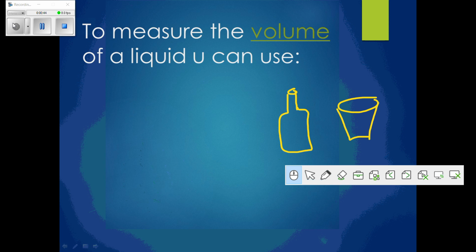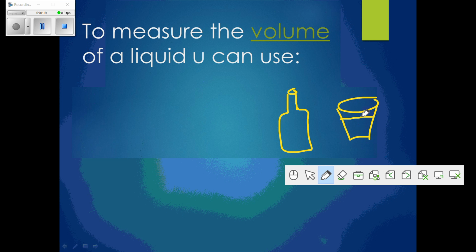Liquid is a state of matter that takes the shape of its container. That means it has no shape of its own. If I have an amount of water and I pour this water in the cup, I will fill the cup with water, so the water will take the shape of this glass.